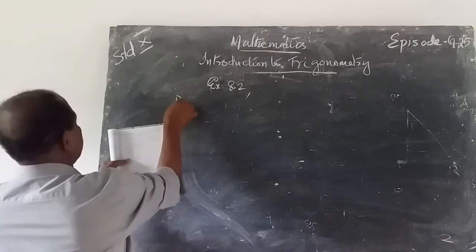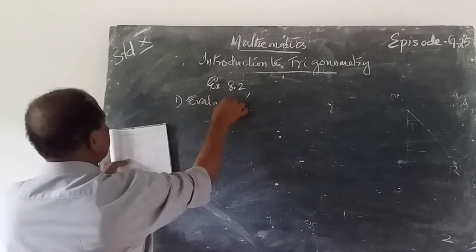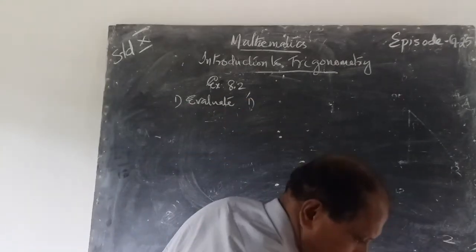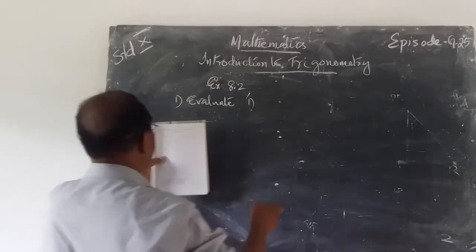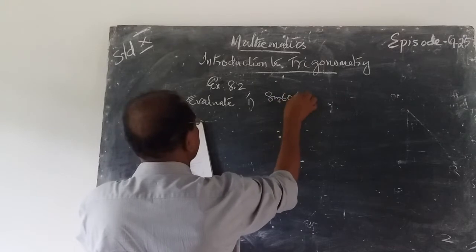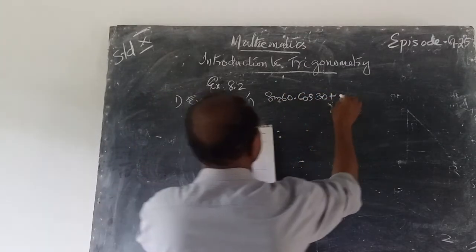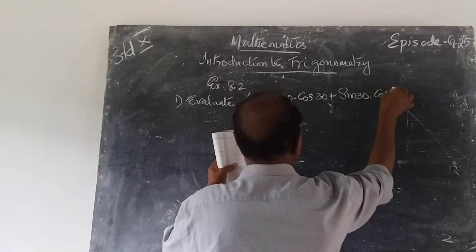First question, evaluate. The first question of the main question, number 1, is sin 60 into cos 30 plus sin 30 into cos 60.